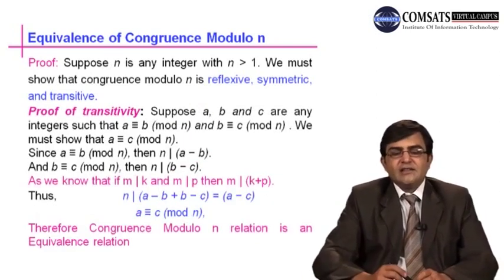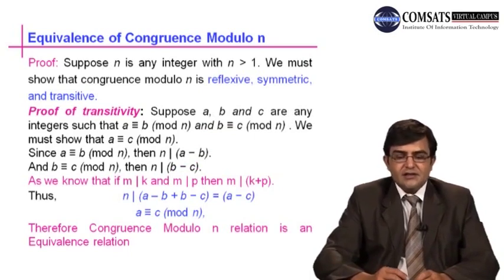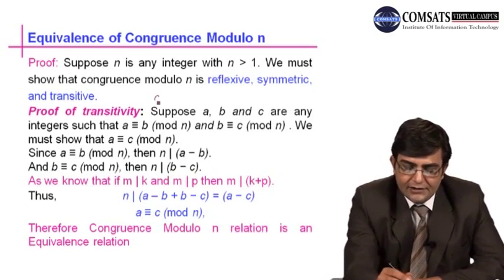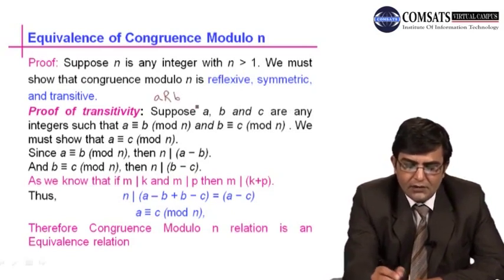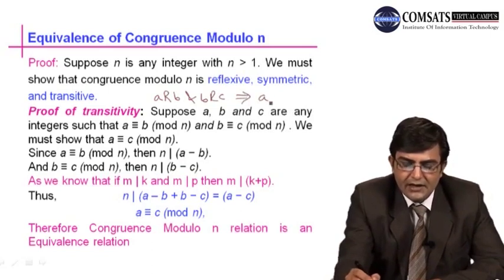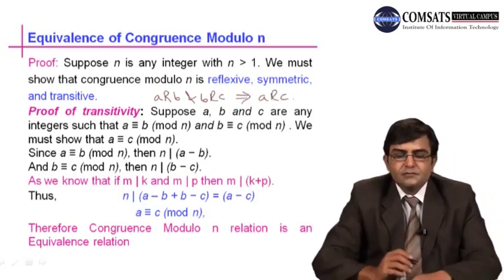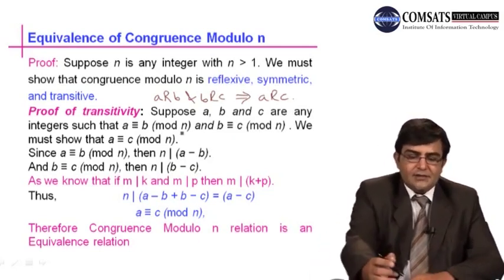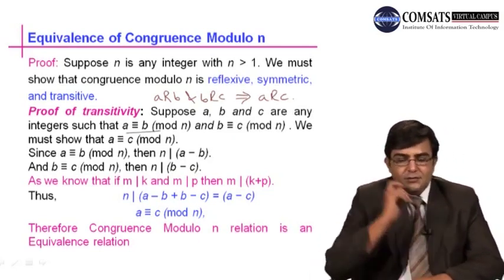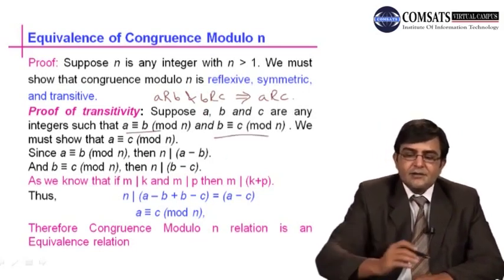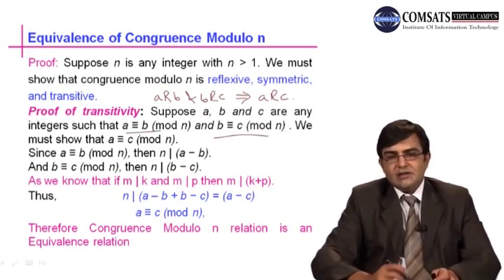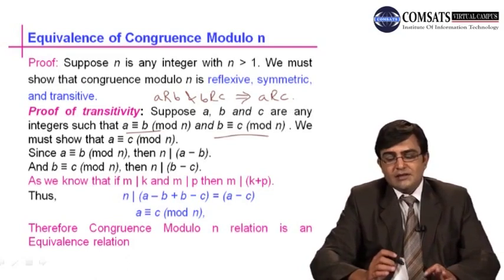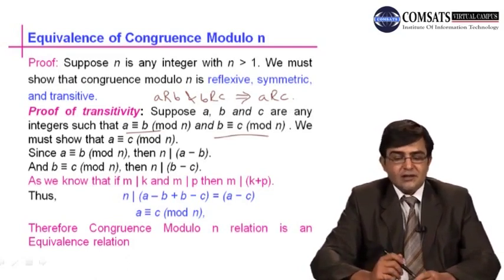Similarly, we can prove that this congruence modulo n relation is transitive. For that, we suppose that a is related to b and b is related to c. We have to prove that a is related to c. It means a is congruent to b mod n and b is congruent to c mod n.